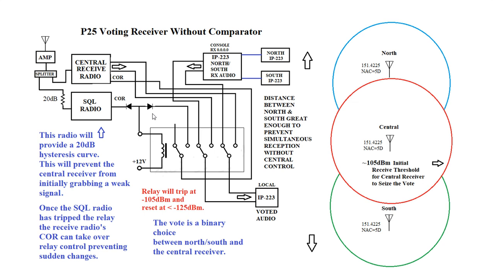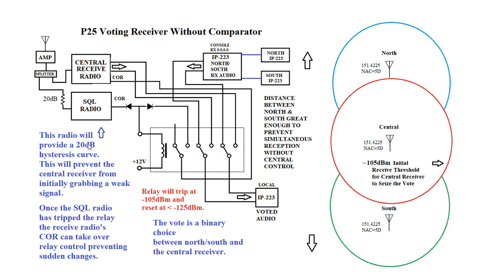As soon as it flips the relay on, this leg of the relay that is going to the COR of the central radio is now connected as well as this. So if this receive level drops below this threshold and this radio squelches, the relay will not release because it's still held by this radio up here in its COR. And it's got 20 dB worth of signal to degrade before this one up here will cut loose as well.